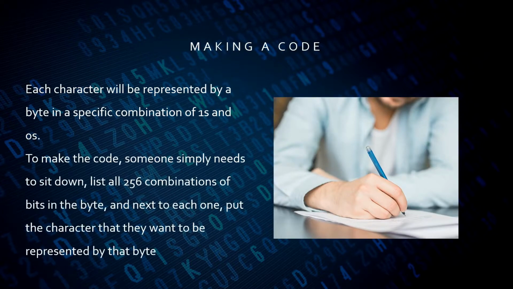So to actually make the code, all we need is for someone, just one person, anybody, to just sit down, list all 256 combinations of bits that make up the byte, or the byte state, and next to each state of the byte, put the character that they want to be represented by that byte.